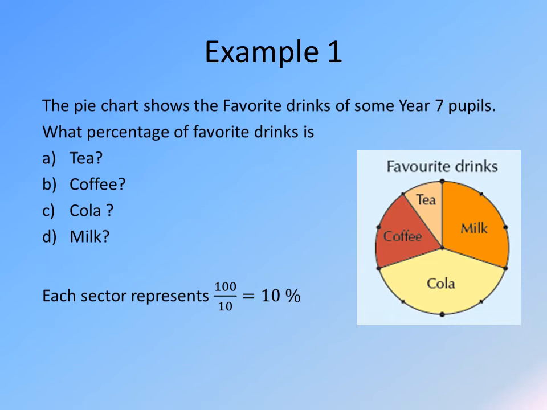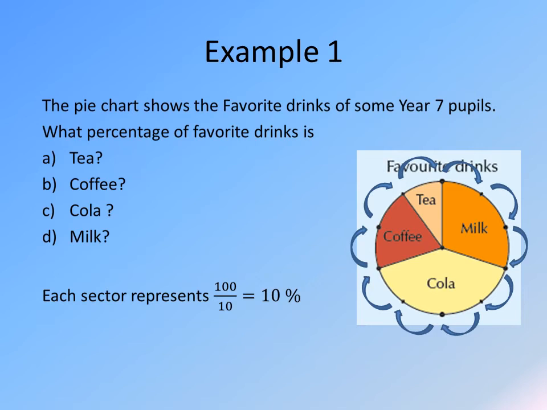We can see that the pie chart is divided into 10 equal parts: 1, 2, 3, 4, 5, 6, 7, 8, 9, and 10. So we have 10 equal sectors, so 100% divided by 10 will be 10%. Each sector represents 10% in the pie chart.